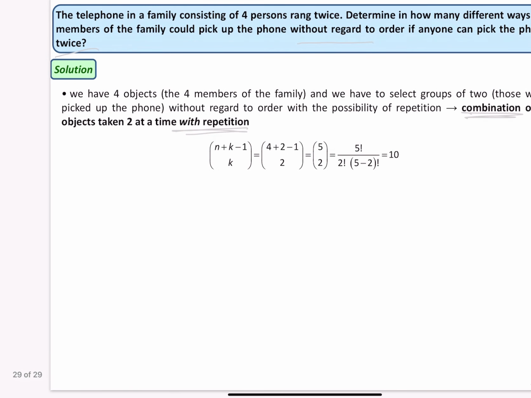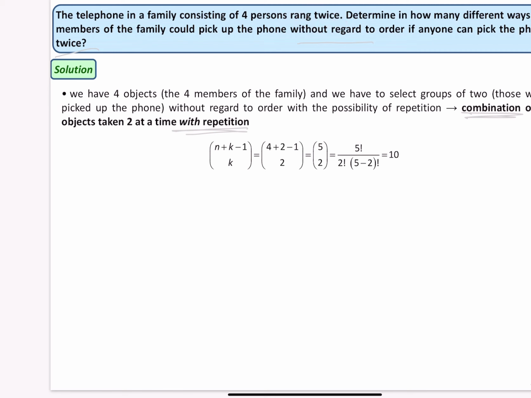So here, the telephone in a family consisting of 4 persons rang twice. So this is a family consisting of 4 persons, and this telephone rang twice. Is there a repetition or not? Yes, there is a repetition. It rang twice.